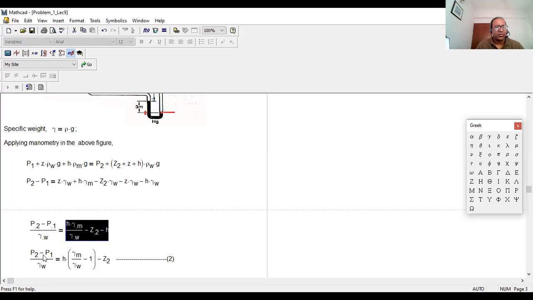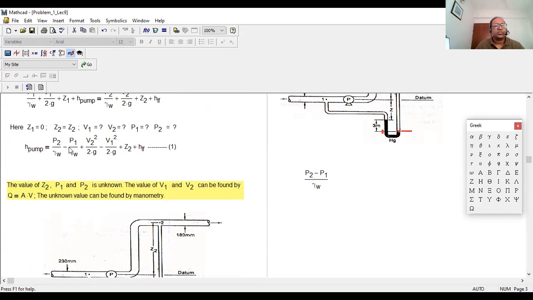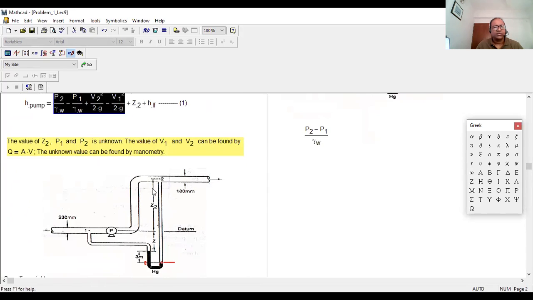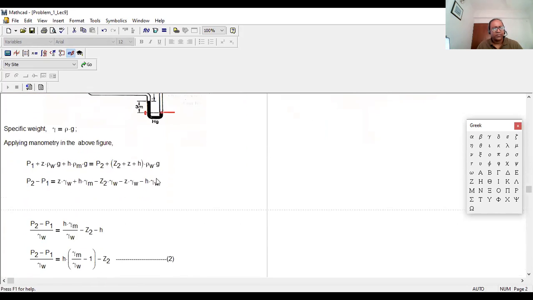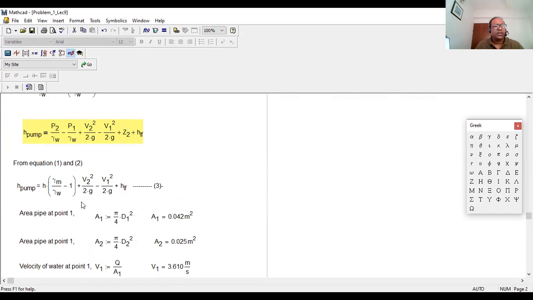Okay. Now this value, equation 2, is substituted in equation 1. So you put in equation 1, you get this one. Now in this one you see H L F we know. What is the unknown only?